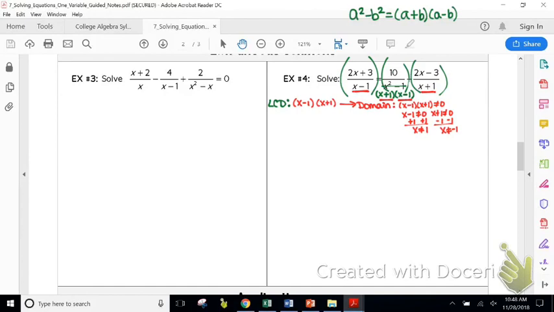So we're going to start multiplying now. I did my first fraction times my least common denominator. Then there's an equal sign. My second fraction times my least common denominator.